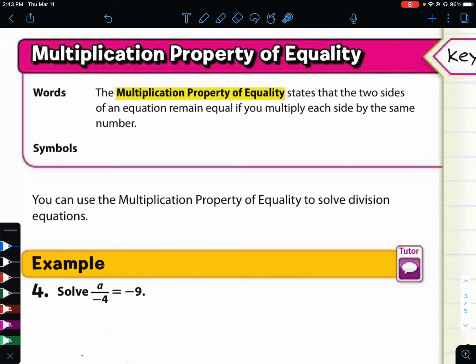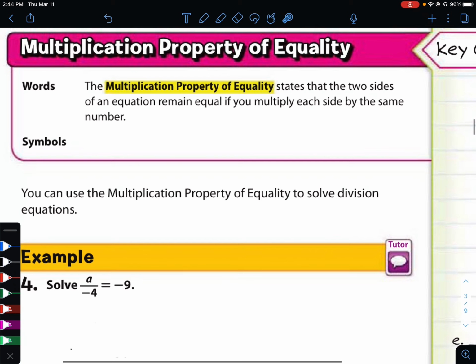So basically the same definition as the addition and subtraction properties of equality, but the only difference is that instead of add or subtract, you are changing those words to multiply. So whatever you multiply one side of the equation with, you need to multiply with the same number. Again, goes back to our principle, whatever you do to one side of the equation, you do to the other side of the equation.